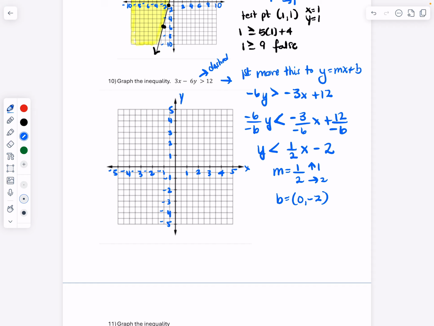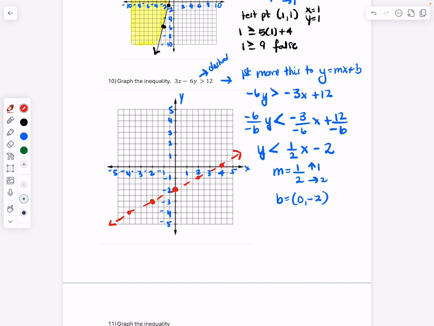So (0, -2), then up 1 to the right 2, up 1 to the right 2 again. Now I can go down 1 to the left 2 to get those last points. Then I'll make this a nice dashed line.